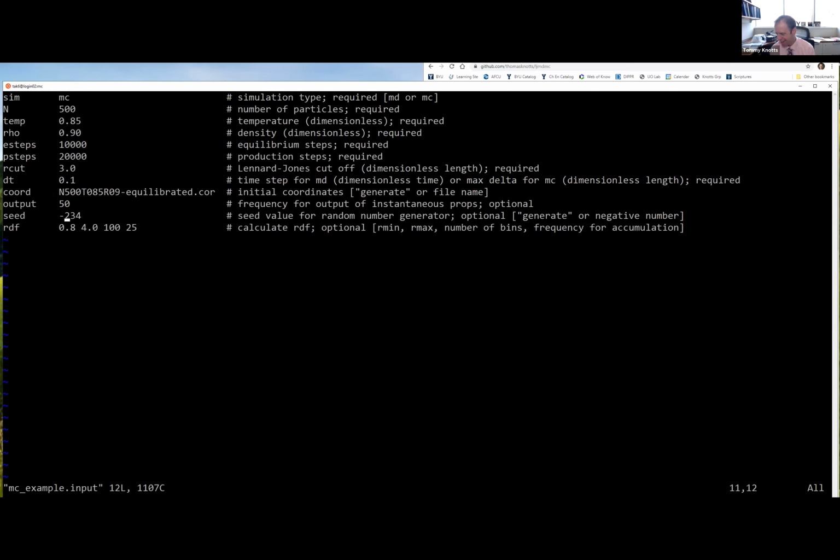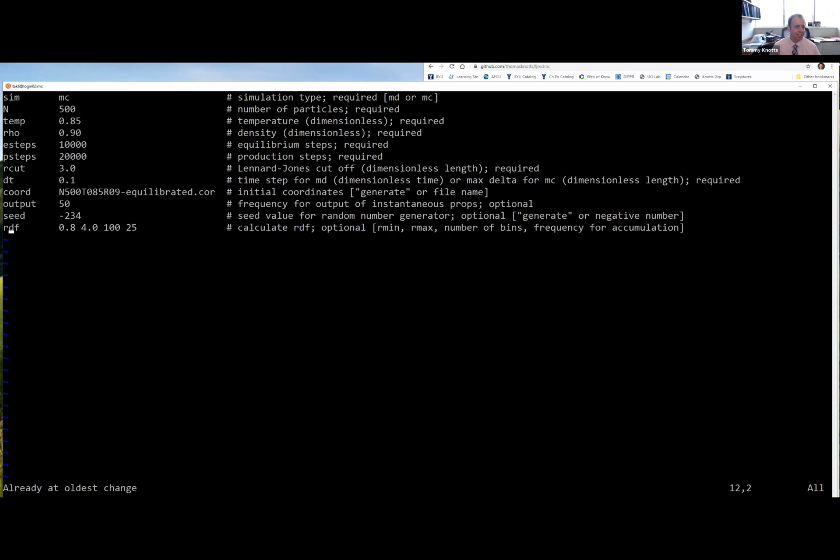Newer libraries just put the negative on for you, so you can just give it a positive, but I make you put a negative on there because I coded from old school type things. But you can just put generate here if you want. That will generate it from the system clock.